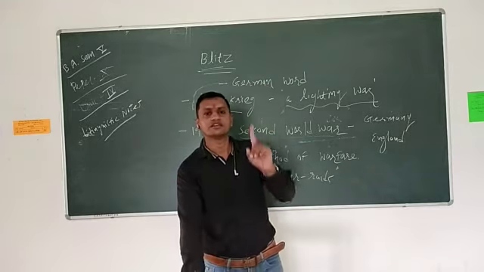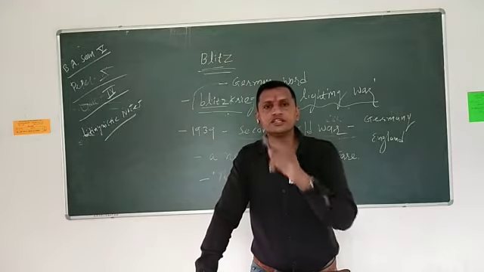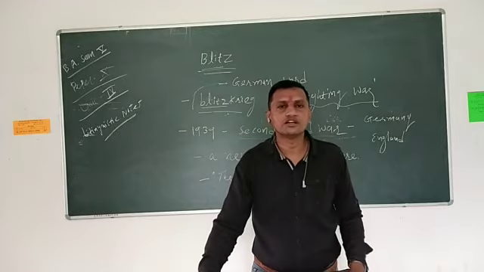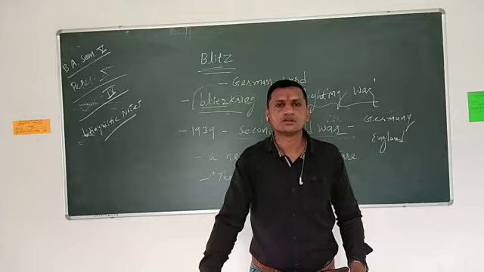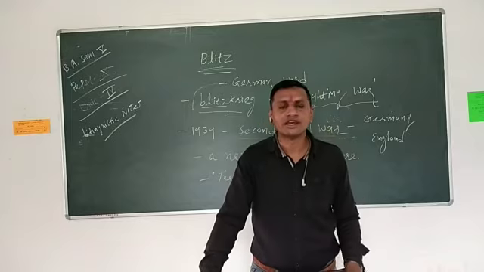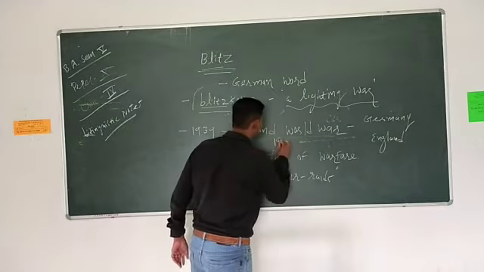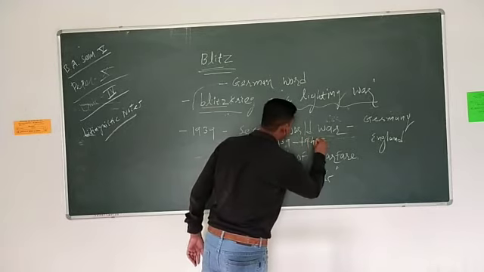After a gap of 20 years, the world faced the most terrible, severe and catastrophic war, and it is called the Second World War, in 1939 to 1945.